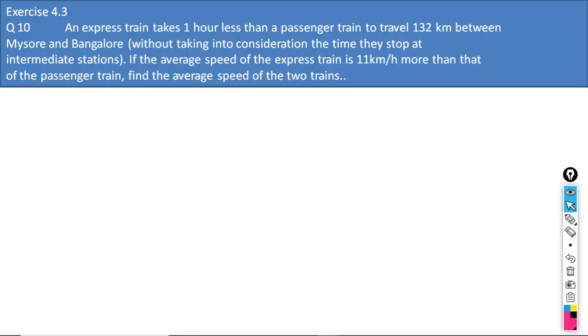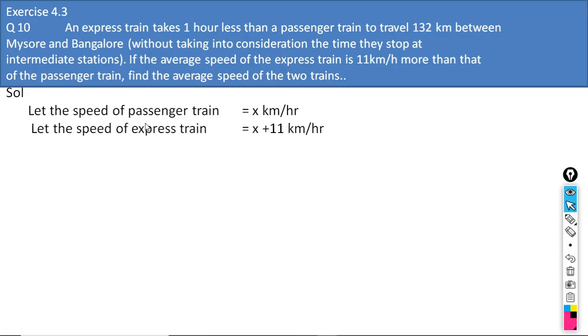Let us discuss another problem. In this problem, an express train takes 1 hour less than a passenger train to travel 132 km between two stations. The average speed of the express train is 11 km per hour more than that of the passenger train. So here we are going to consider the average speed of the passenger train as x, and for the express train it is x plus 11, because it is given 11 km more.